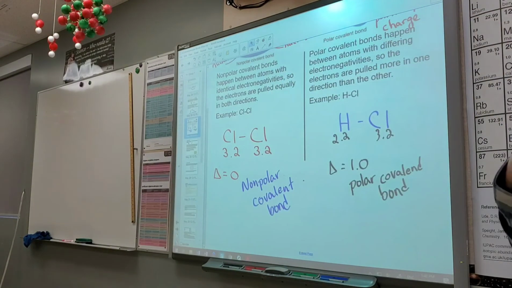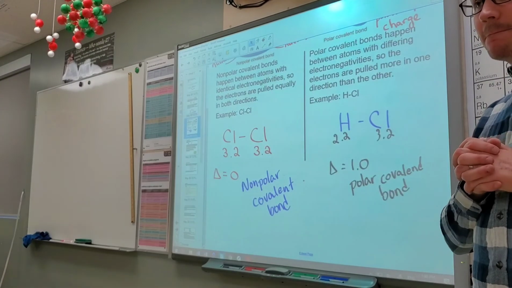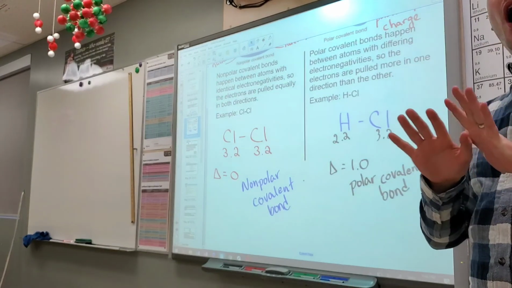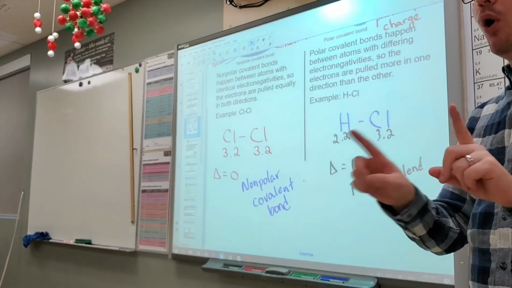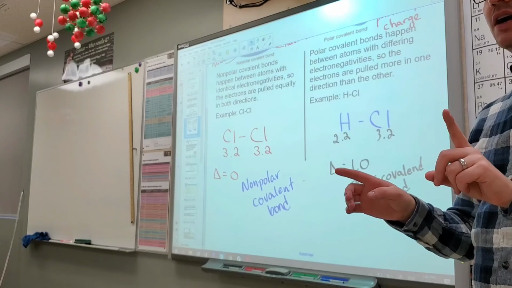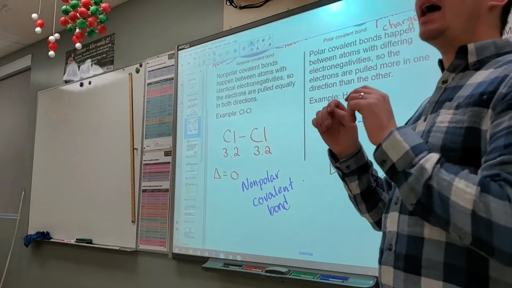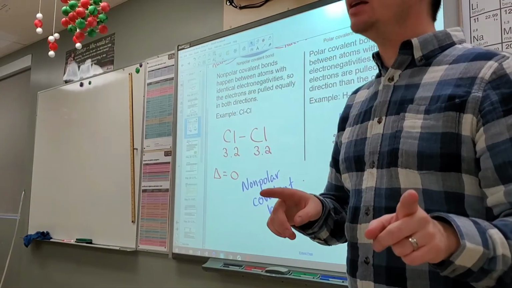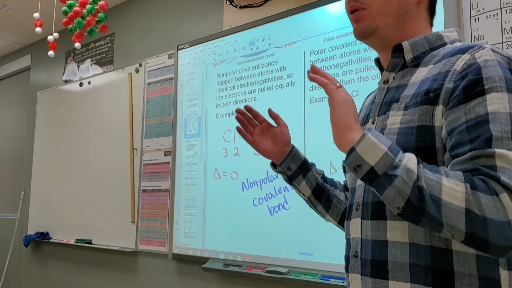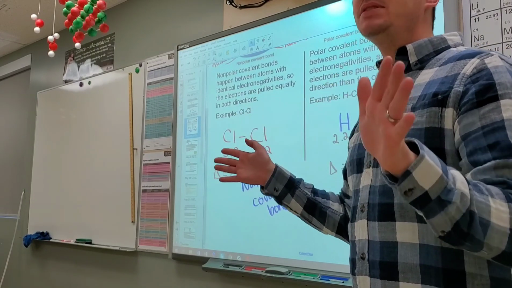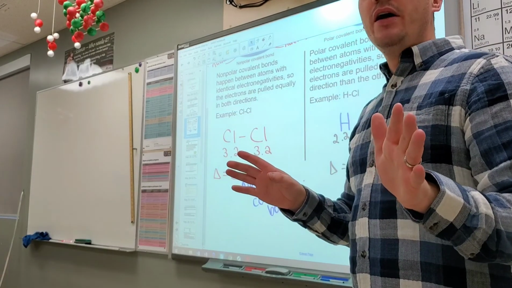What does the word polar mean? It just means opposites. Yeah, polar means opposite. People can have polar opinions. What does it mean to have a polar opinion? Opposite opinions. That's all it means.